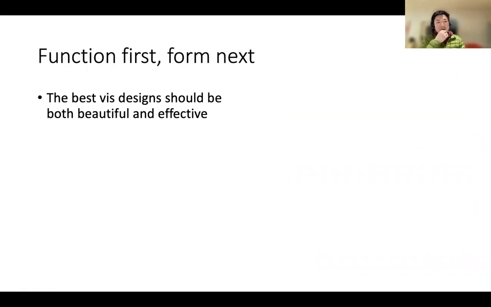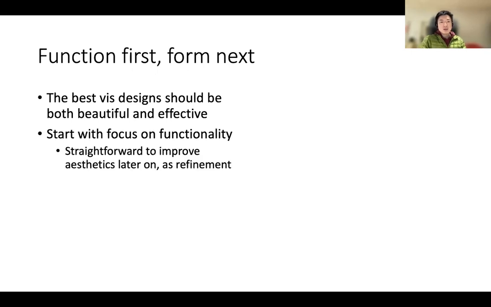Okay, and I guess as we talked about so far, a good visualization should show the information effectively. That's the most important thing. How beautiful or how colorful or how fancy it looks should come next. At least the author of the book recommends we should focus on the functionality.